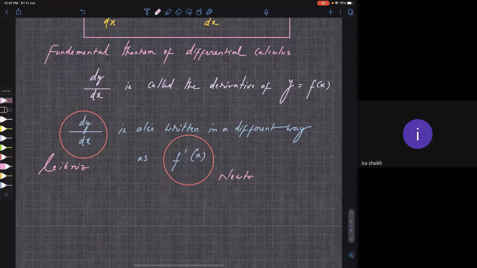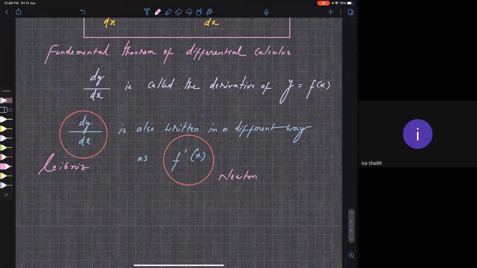When Newton was an old man in his 50s, Leibniz was a youngster in his 20s. So these two people independently invented calculus. But Newton wrote this book first, but he published later after Leibniz published.